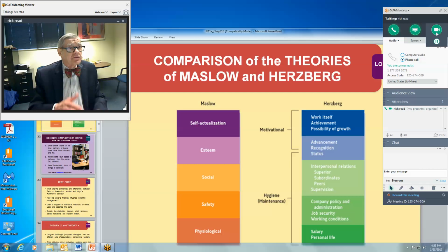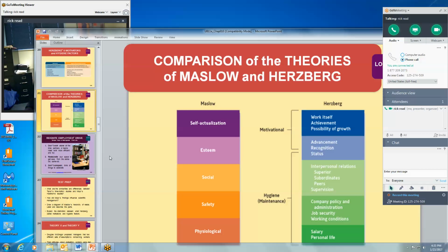So notice self-actualization for Maslow compares with work itself, achievement, possibility of growth, etc. And I'm not going to read all these to you, but I want to make sure that you see them. Now, there are two things that we need to talk about here regarding Herzberg.